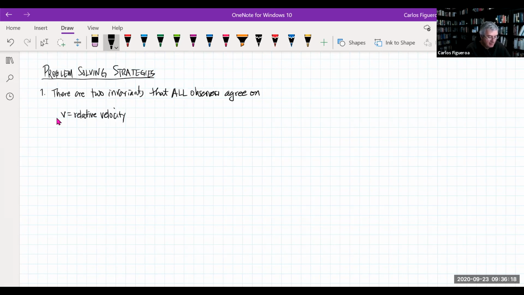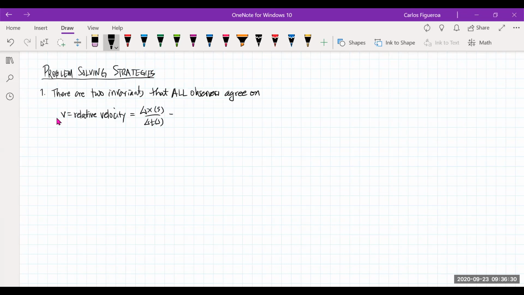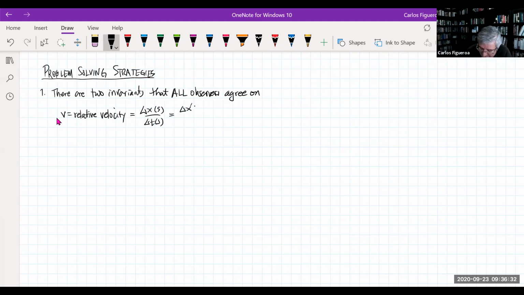So then the next thing, when I think about the relative velocity, this is an invariant. That means an observer from the S frame is going to see the exact same relative velocity with those two ratios.